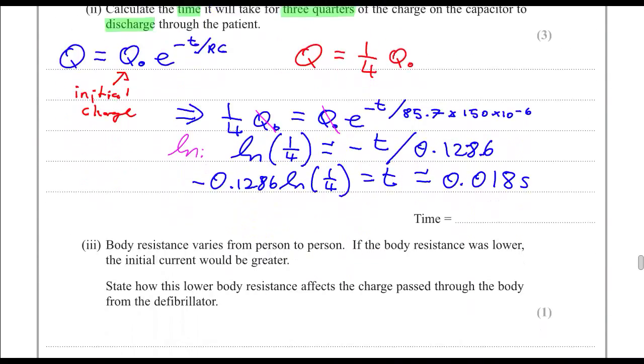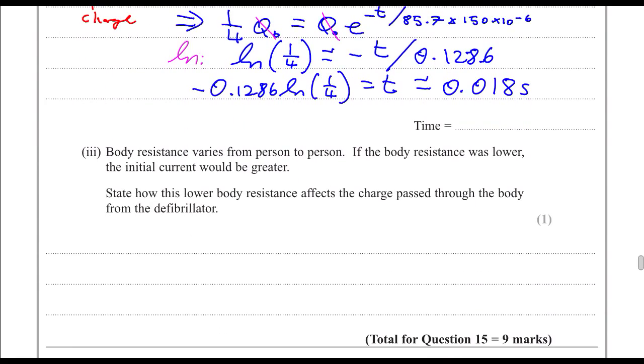Going over to the next part of the question. The body resistance varies from person to person. If the body resistance was lower, the initial current would be greater. State how this lower body resistance affects the charge passed through the body from the defibrillator.